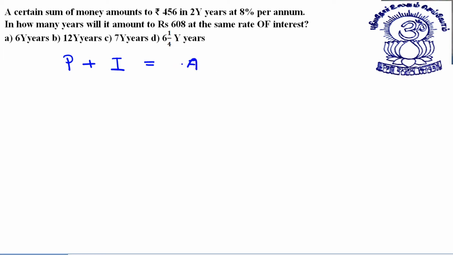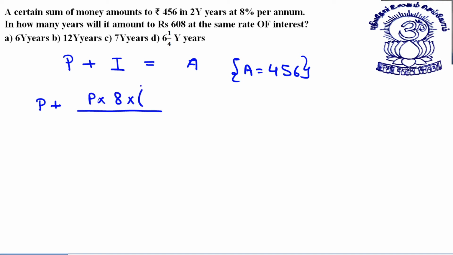We know the amount is 456. So I can say principal plus interest. Interest is principal into rate into time. The rate is given to us as 8, and time is given as 2y years. Let's assume y is equal to 1.